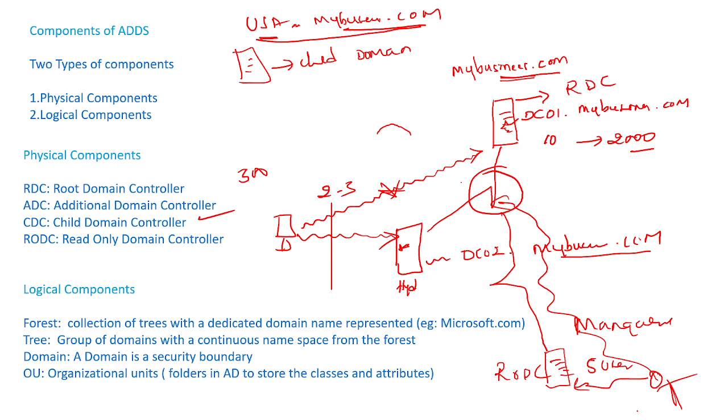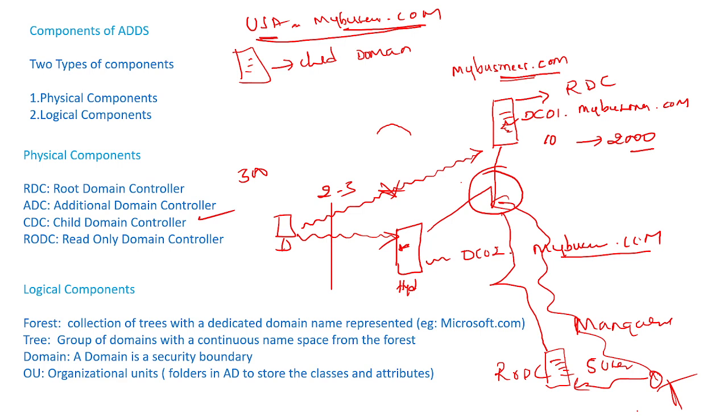In our example, we have mybusiness.com, which is our parent domain, and you created a new office in the USA. Then you will call it usa.mybusiness.com. That USA is your child domain, and mybusiness.com is your root domain. The fourth one is the read-only domain controller. It is a replica, or copy, of the writable domain controller, but the read-only domain controller will not allow you to make any changes.